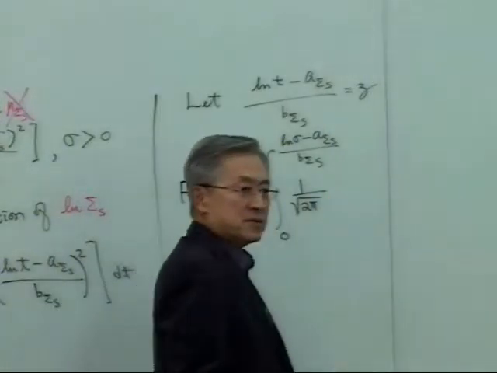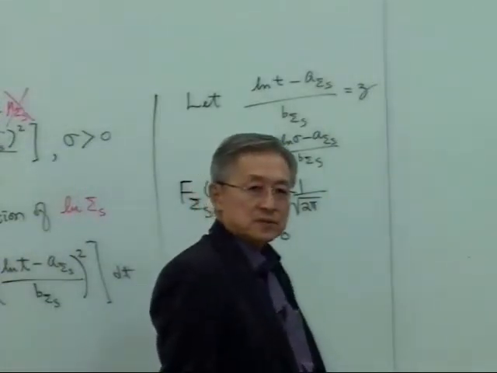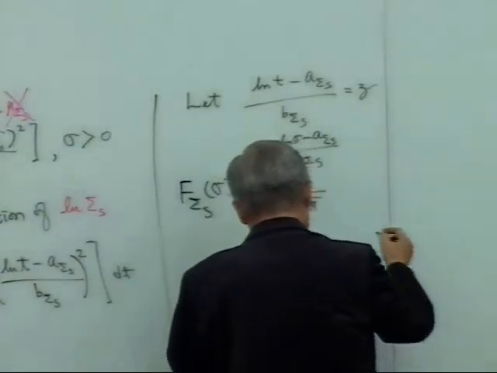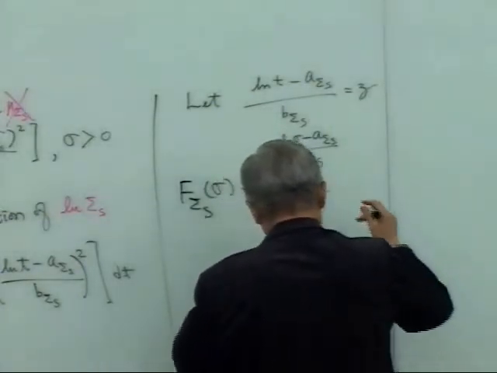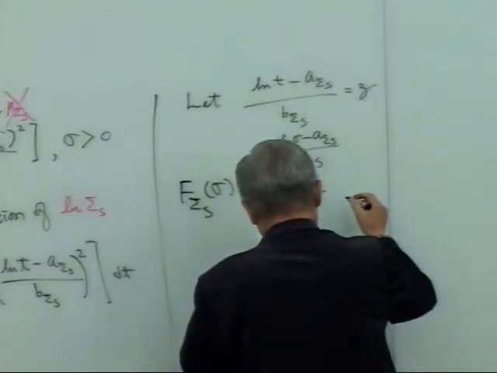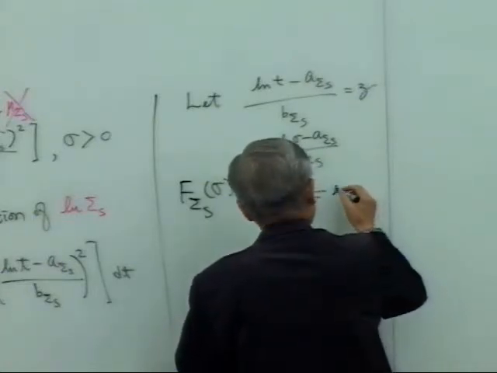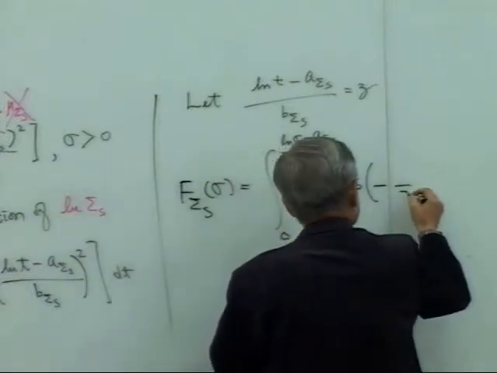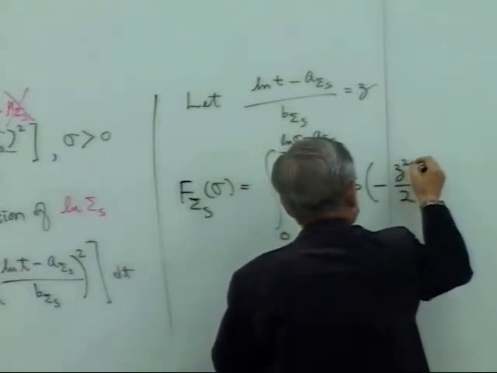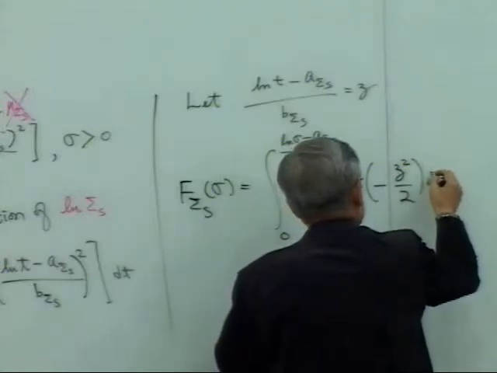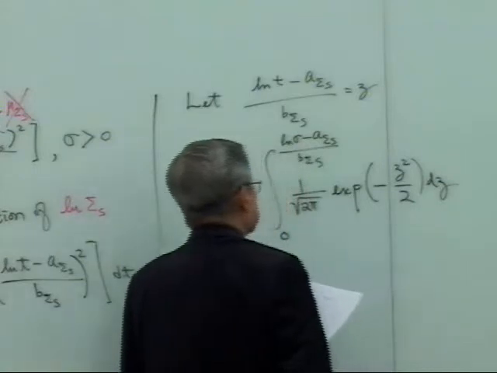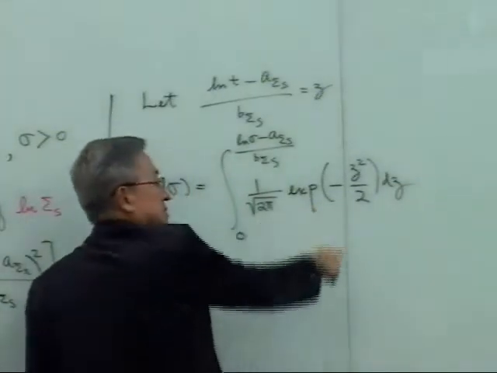Standard form: standard deviation is 1 and mean is 0. We just transform into that form. That's all we do. So exponential function minus half z squared dz. Back to the same form.